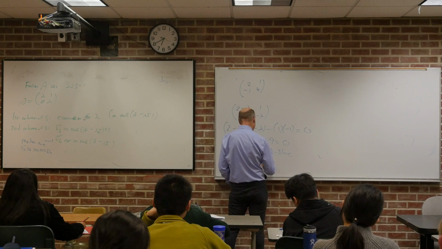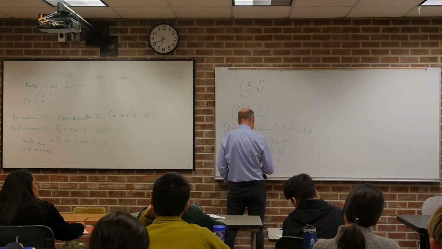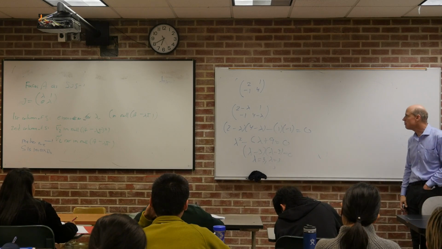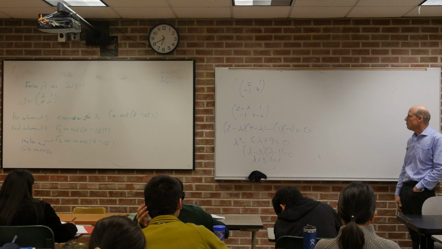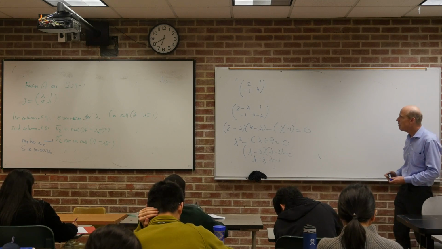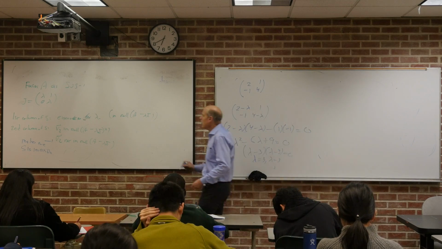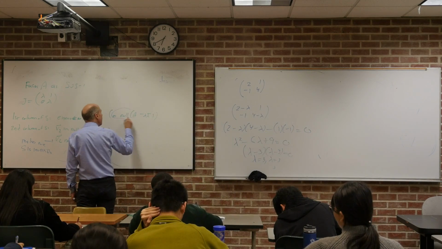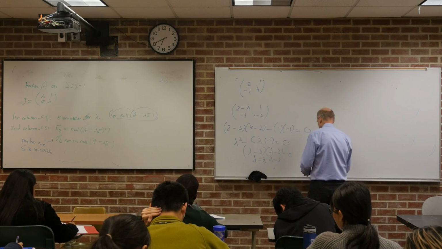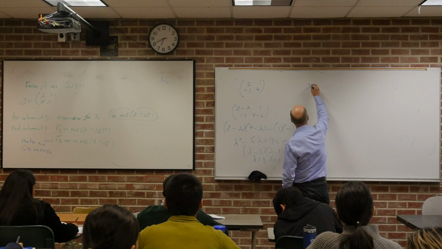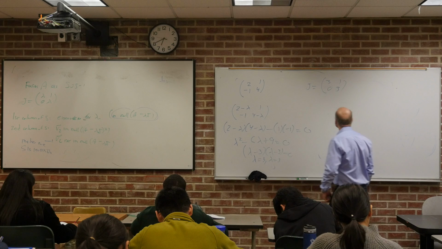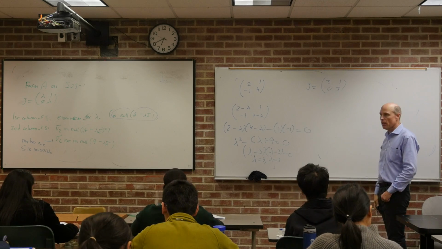Don't worry too much about copying this over because we did all this part already. So work this out, get that lambda equals 3 twice. And then, a couple things. So we know the structure of J already: 3, 1, 0, 3.